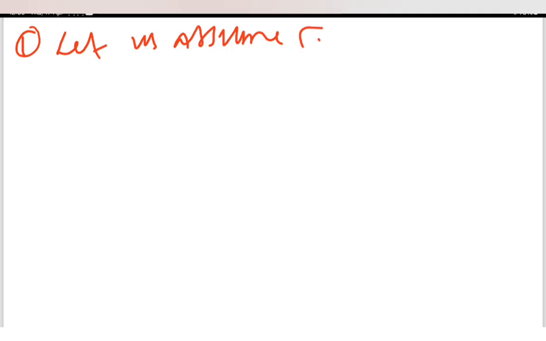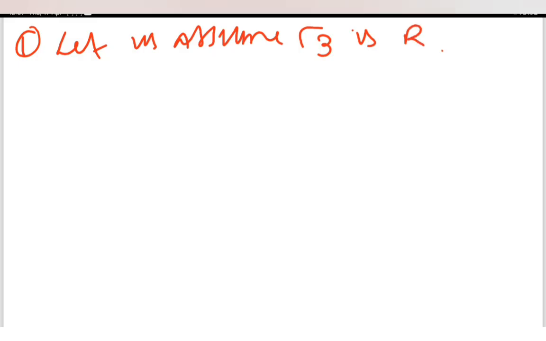The starting statement would be, let us assume that the given irrational number, something they would give, like let us take the example of root 3, is rational. You have to write the full form. Since I don't have space, I am writing a short one.